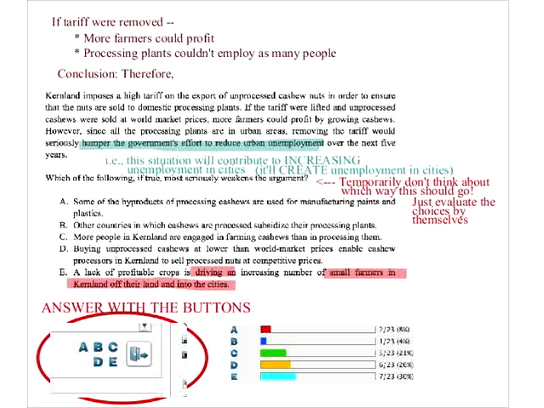So, most probable interpretation, many of these farmers will be unemployed when they get to the city.